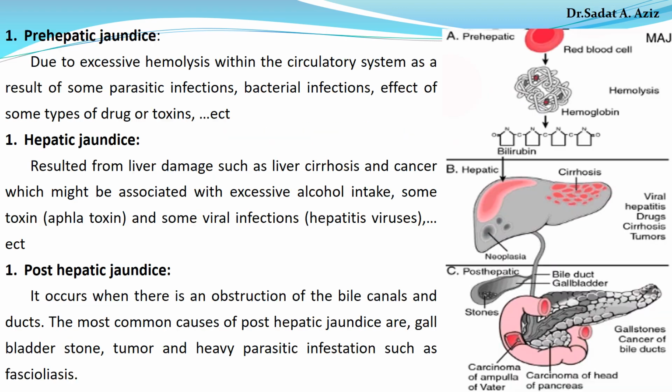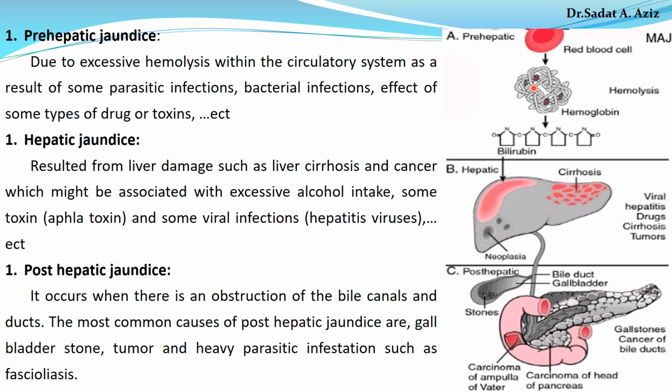So what is the hepatic jaundice? Prehepatic jaundice, sorry. Prehepatic jaundice is mainly due to excessive hemolysis within the circulatory system, and this hemolysis might be related to hereditary or congenital abnormalities of the red blood cells, or it might be an extracorpuscular abnormality.